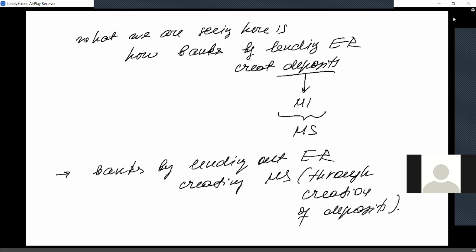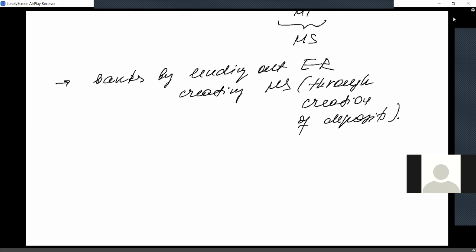So this is what people mean when they say banks use excess reserves to create money, because money supply is money, right? Deposits are money. Banks use excess reserves to create money. So the question is always, what would be the final impact? How much more money supply, how much more deposits will be created when we go through all these layers: depositing, splitting, lending out excess reserves, depositing, splitting, lending out excess reserves? How much of a money supply increase will we observe?